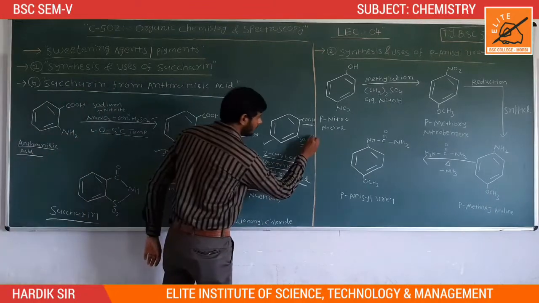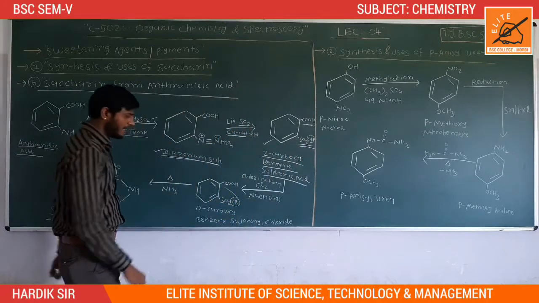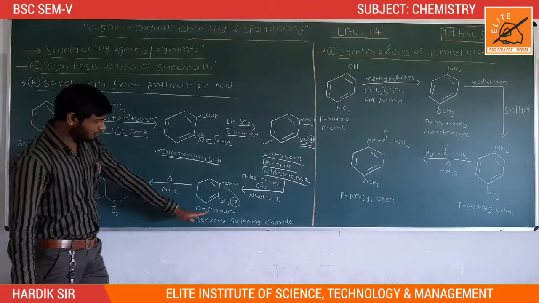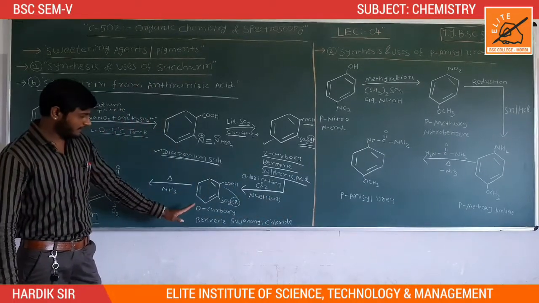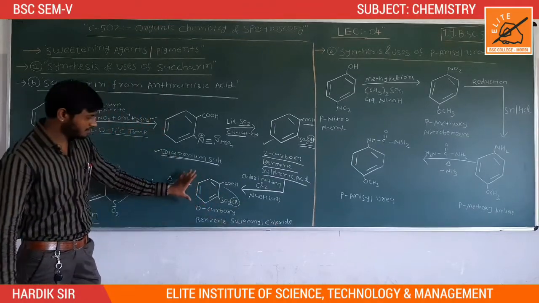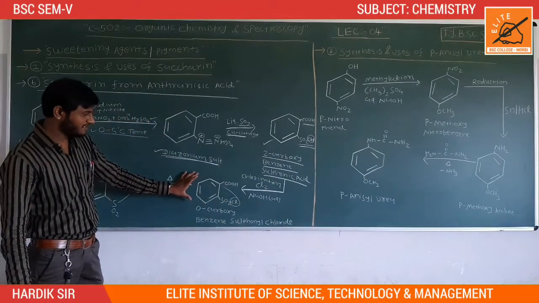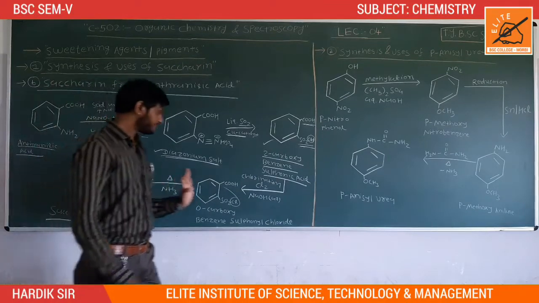The hydroxyl group is converted to the chloride group. This is our third intermediate product.